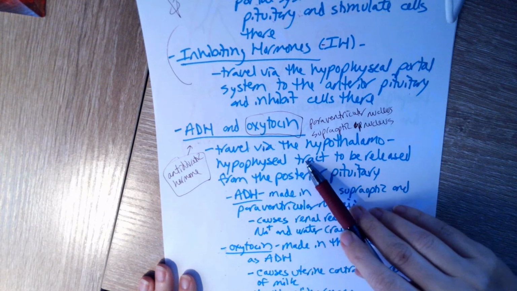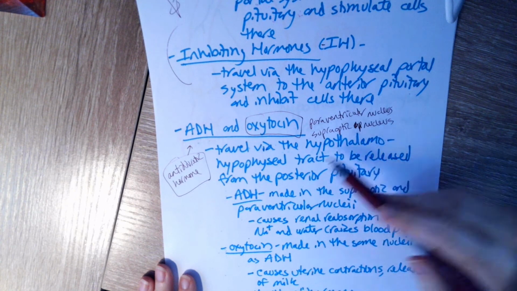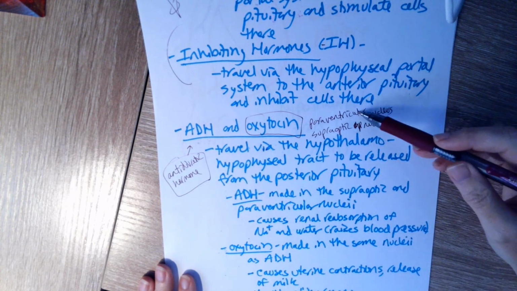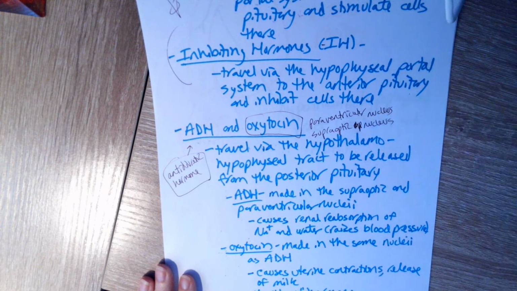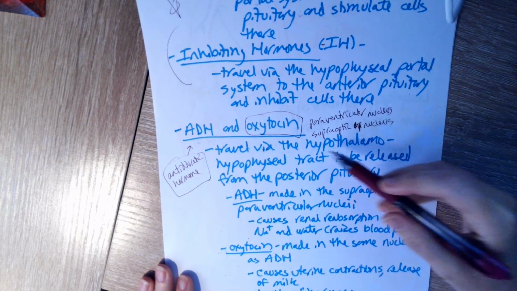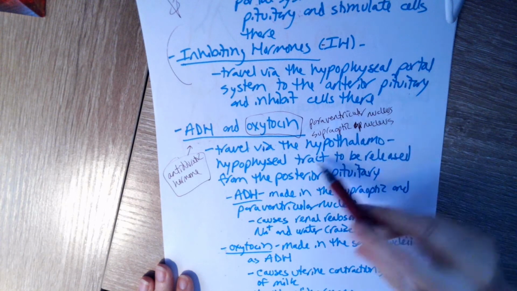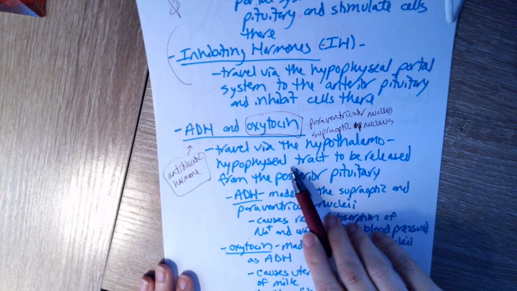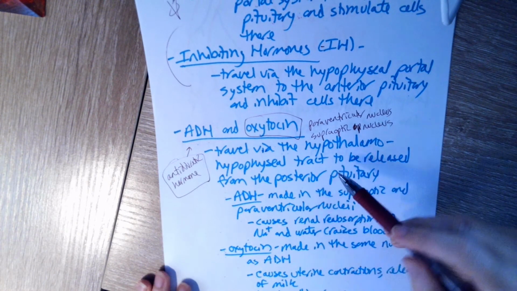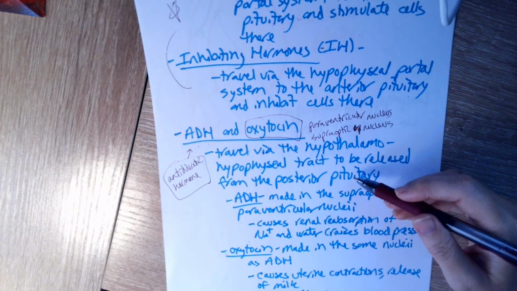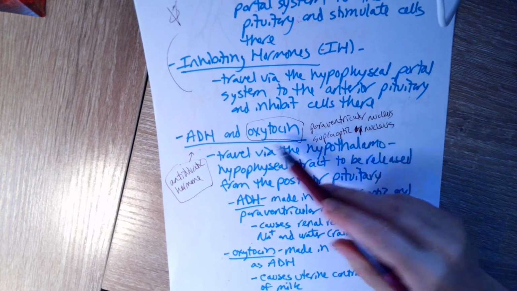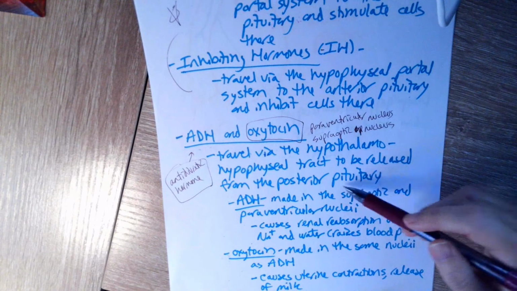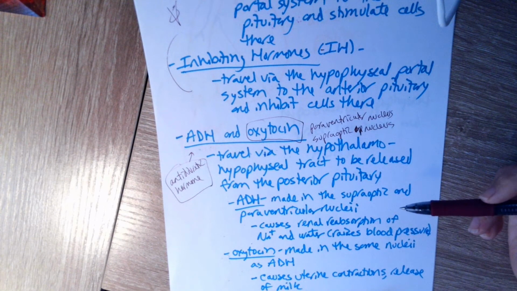These are axons. So the cell bodies that are making these are found up in the paraventricular nucleus and the supraoptic nucleus in the hypothalamus. The axons go down using this hypothalamo-hypophyseal tract down to the infundibulum, and then the axon terminals, so the synaptic knobs, are releasing the ADH and oxytocin straight from the posterior pituitary.